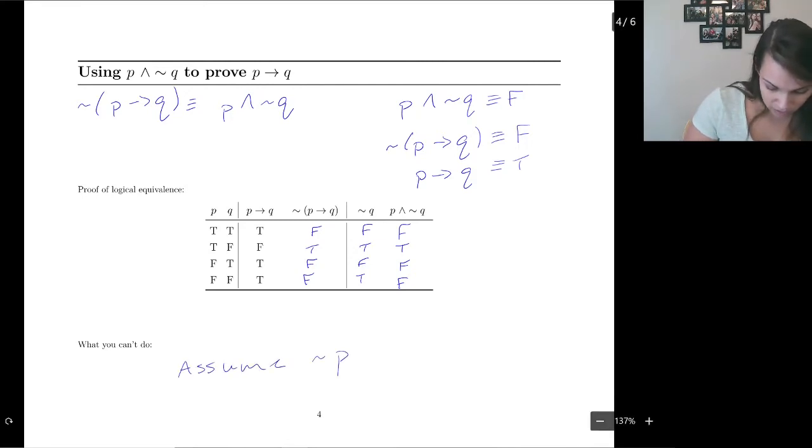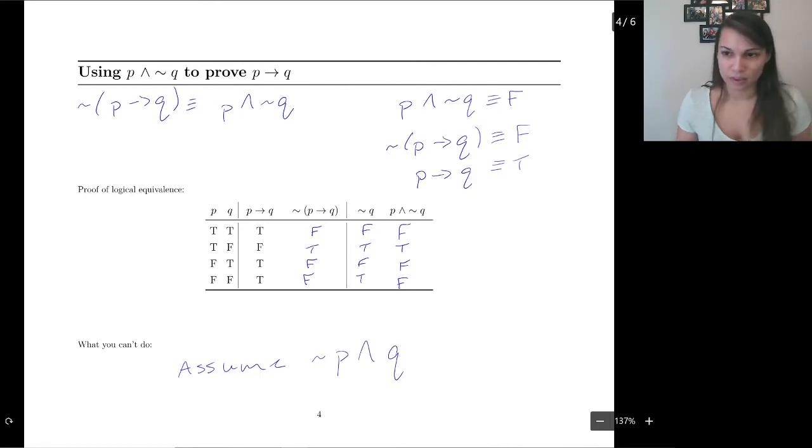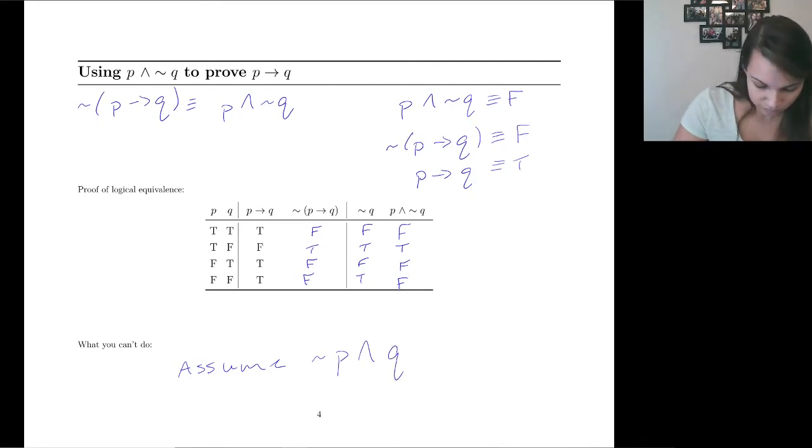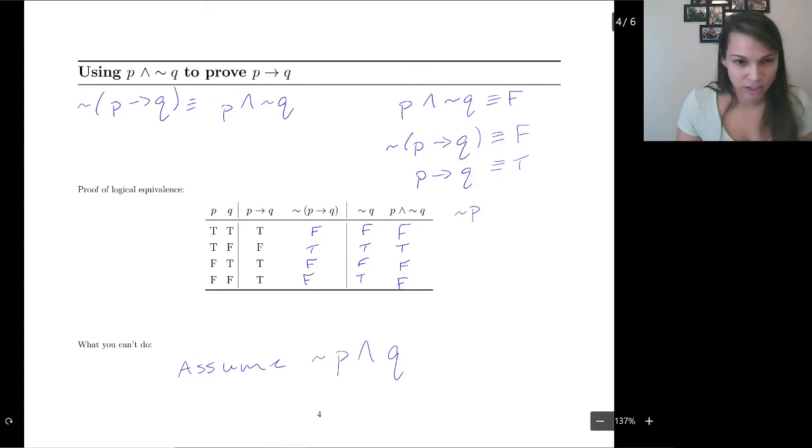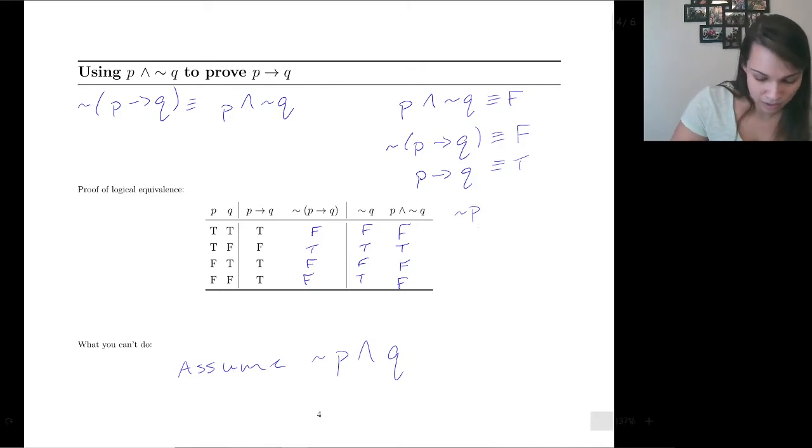So what you cannot do for a proof by contradiction is assume not P and Q. This is not logically equivalent. Just to convince you, not P is going to be false, false, true, true. And then not P and Q would end up being false, false, true, false.